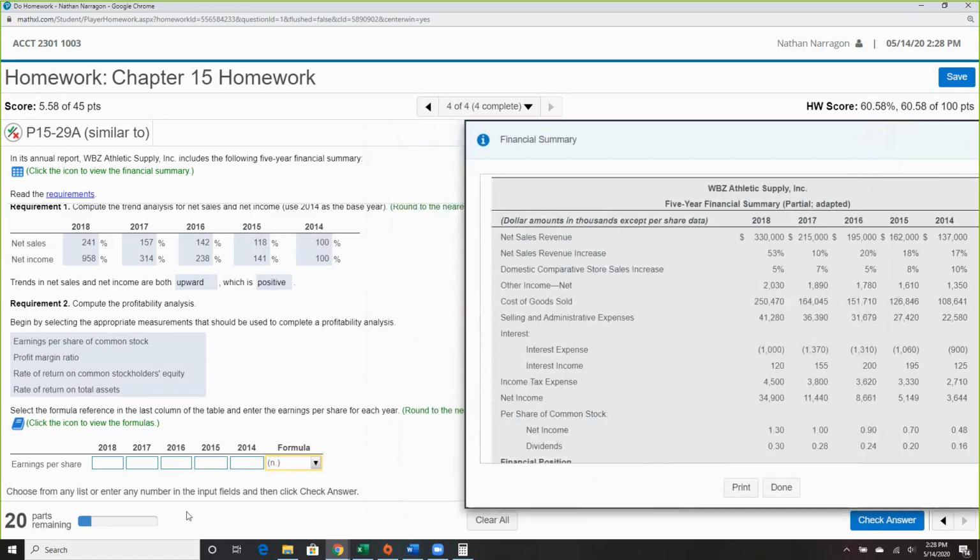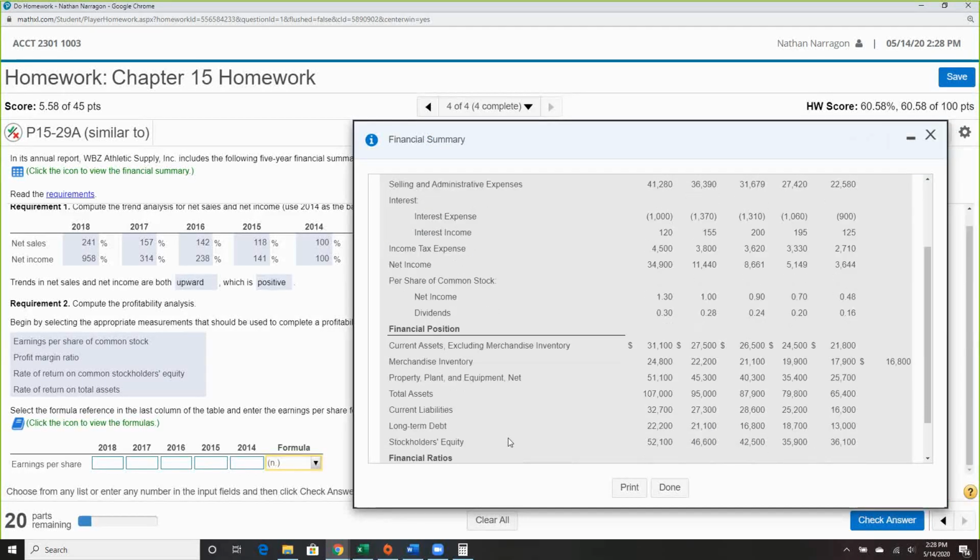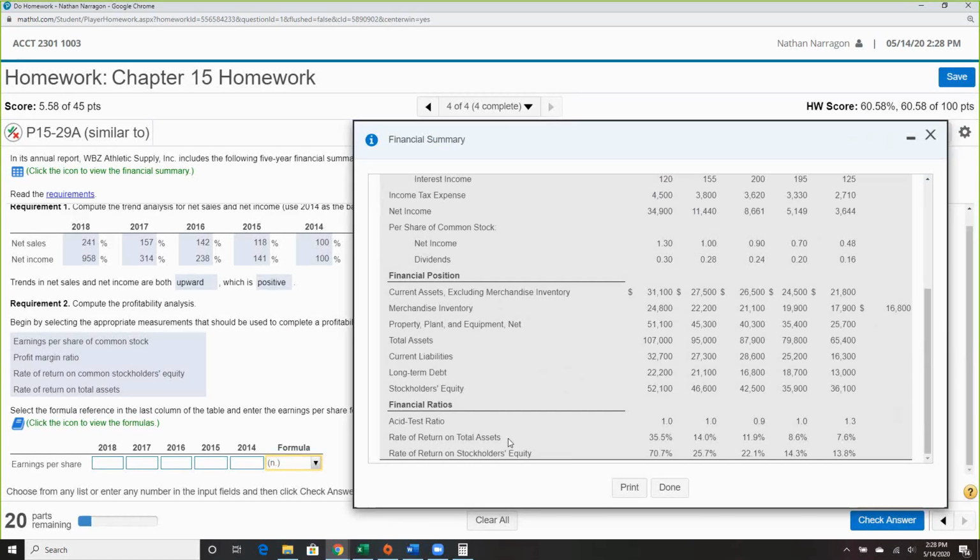We'll come back to it once we do the others. We're going to compute it for each of these years. This is nice, they already give us one. That's actually right there.